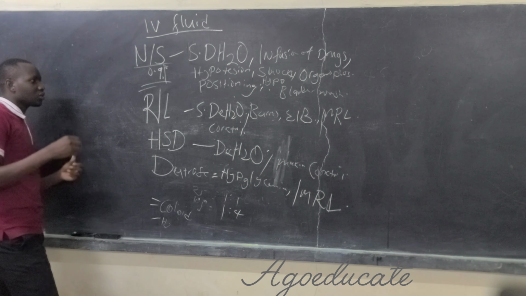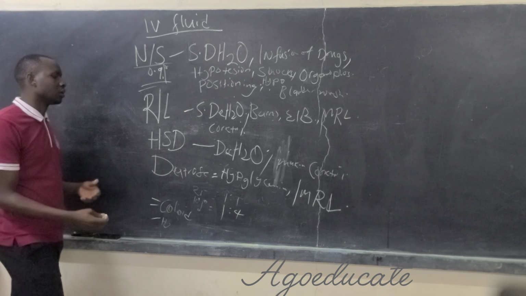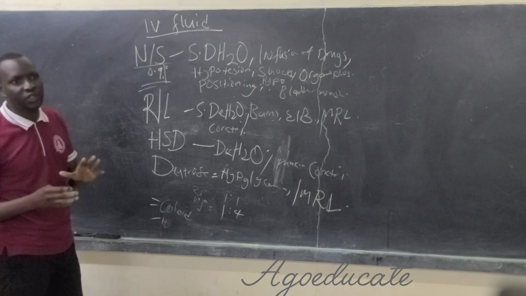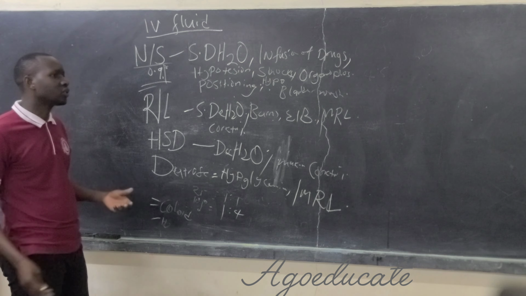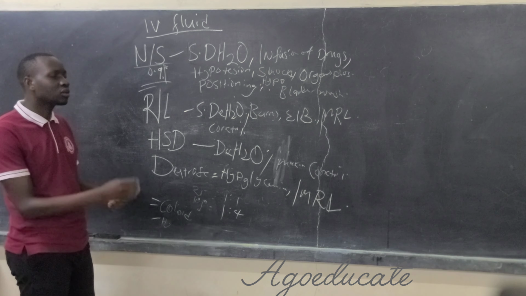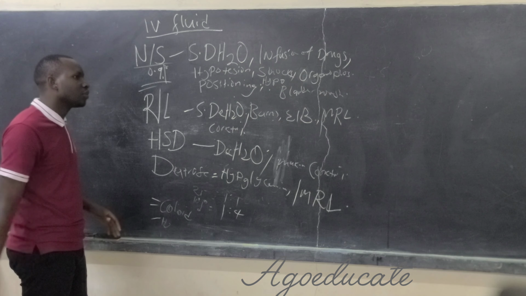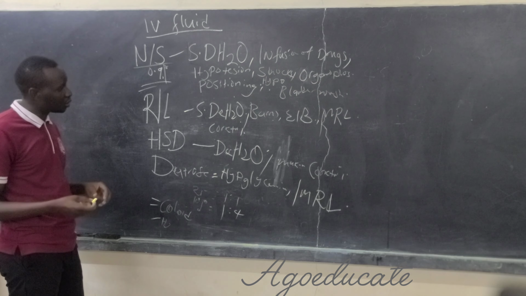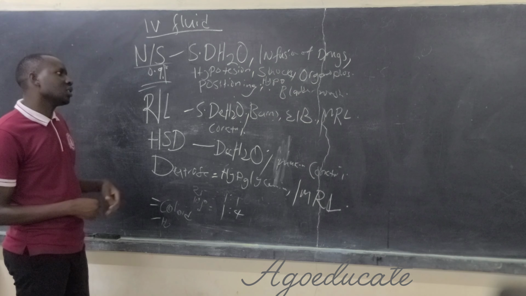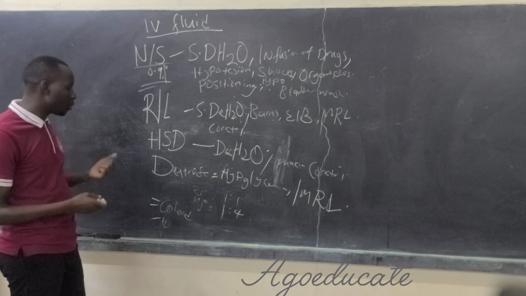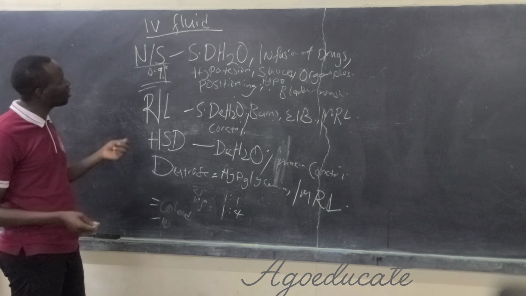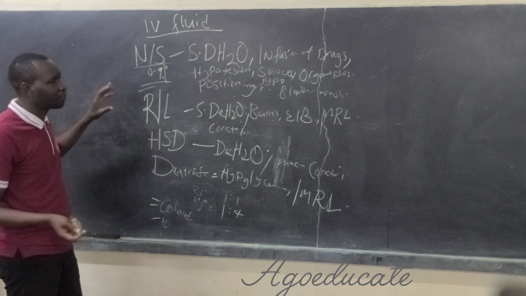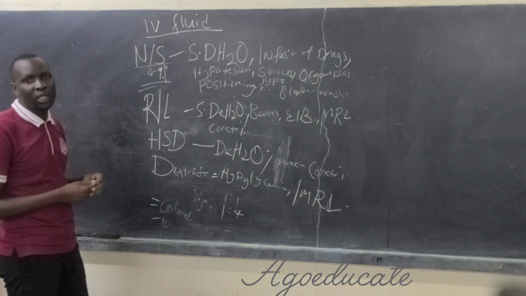Also we have nutrition fluids: if someone is not eating, or they try to eat food and it's not good, they also give nutrition fluids. So that is all about the common fluids that they use. These are the commonly used ones. Others are there. So that's all.